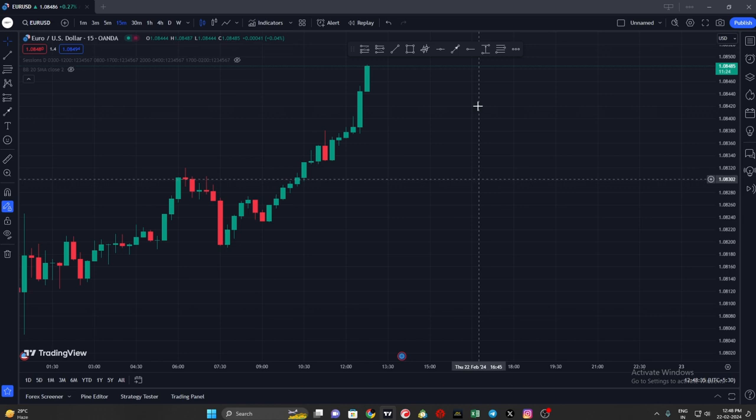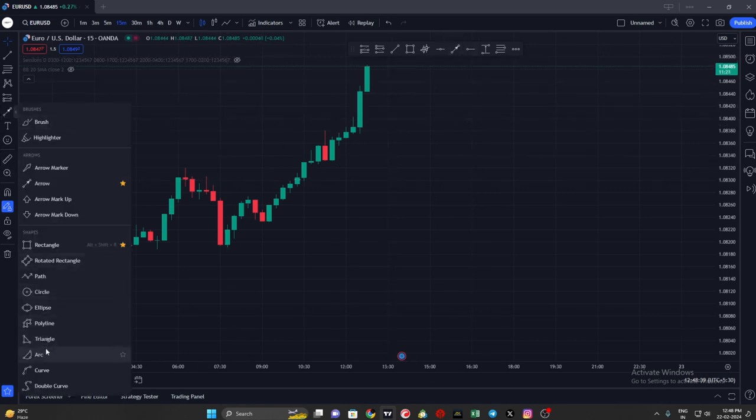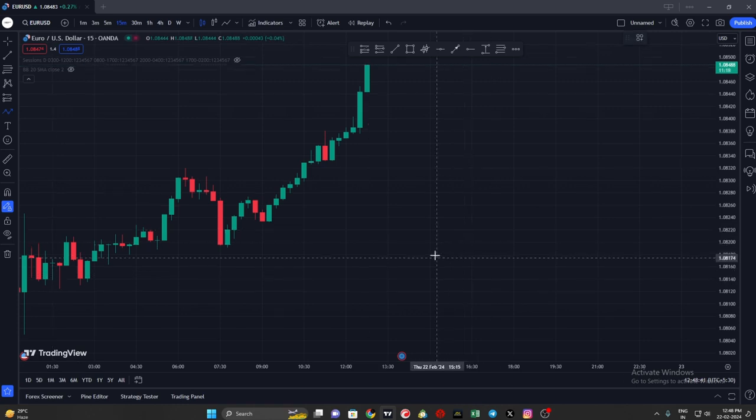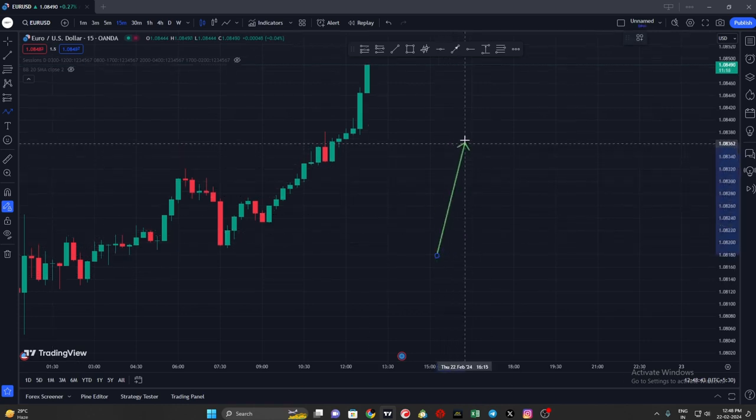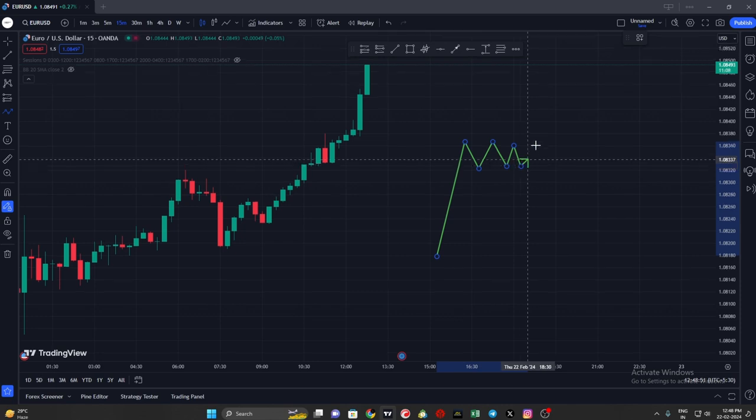So let me just give you an example of what I'm saying. Okay, this is the pen. For example, this is a rally. Then you are seeing that price is forming a sort of base, and then price is again starting another rally. So this is called a rally base rally.